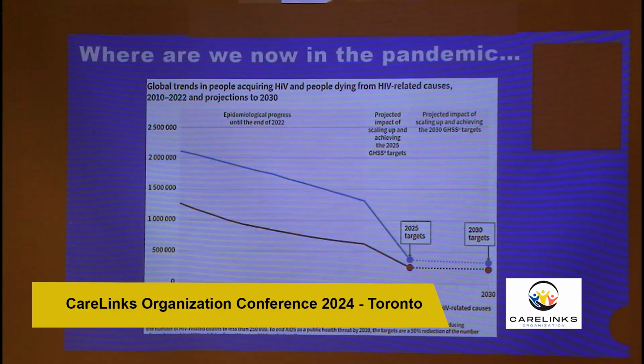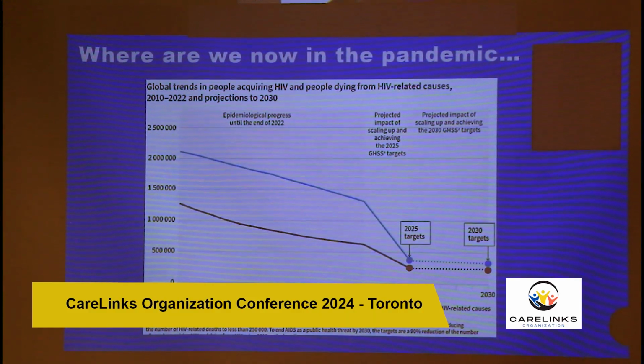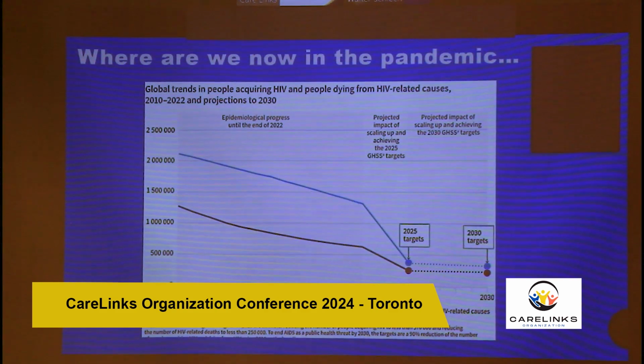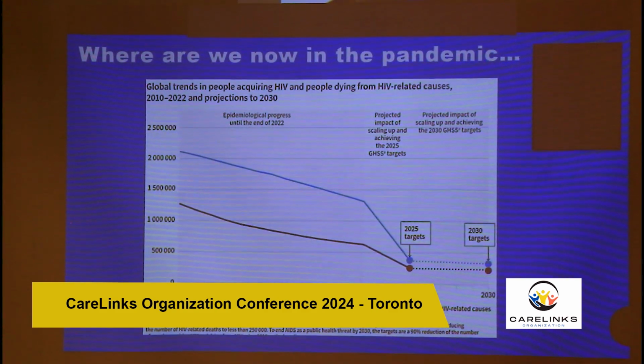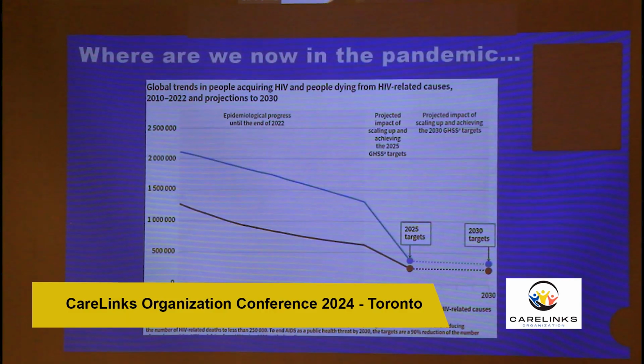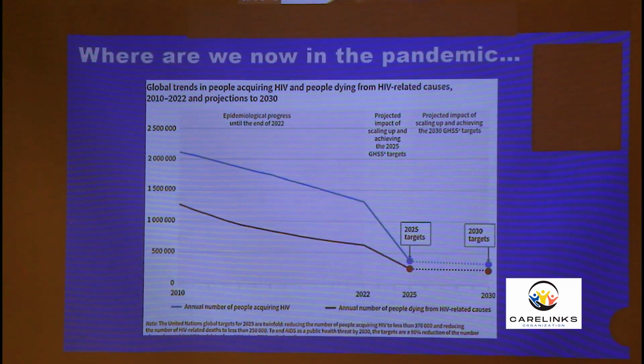We still have a fairly long way to go to meet our 2025 targets, which are reducing deaths and reducing acquisitions to well below 500,000, and we still have a long way to go to meet the 2030 HIV targets, and these are 90% reductions in HIV/AIDS.